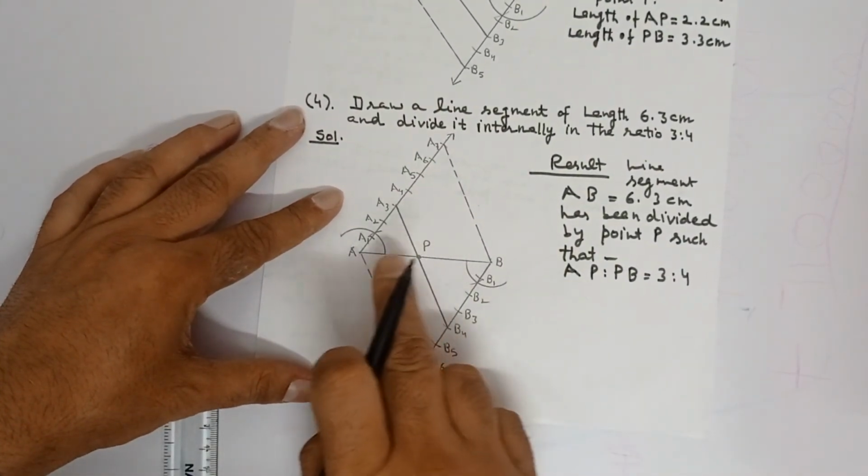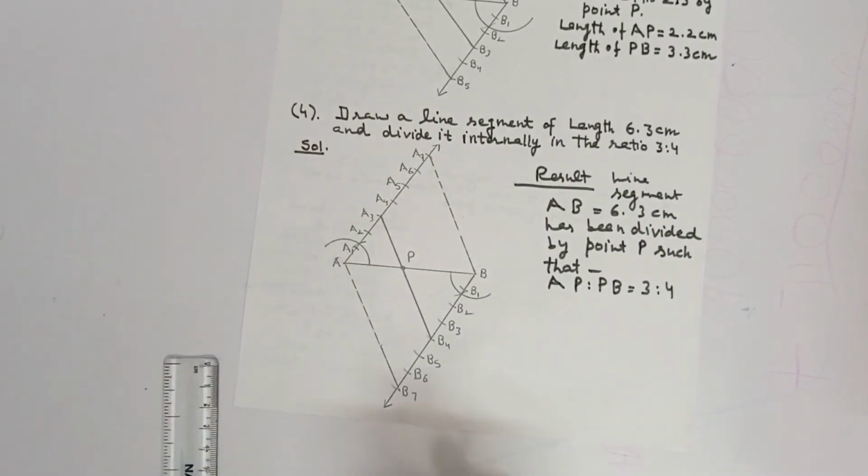In this question it is not asked to measure each part, which means we are not to measure AP and PB.